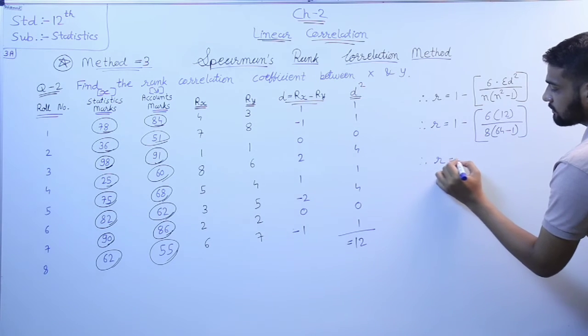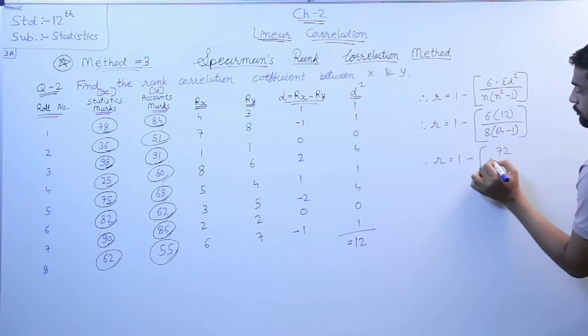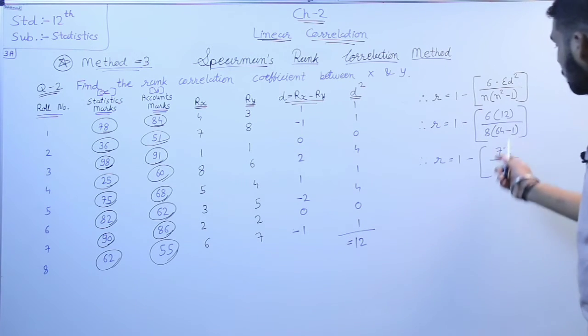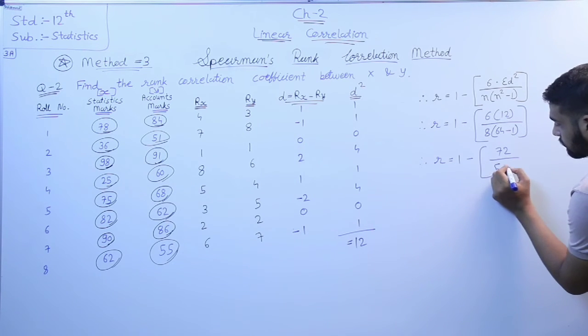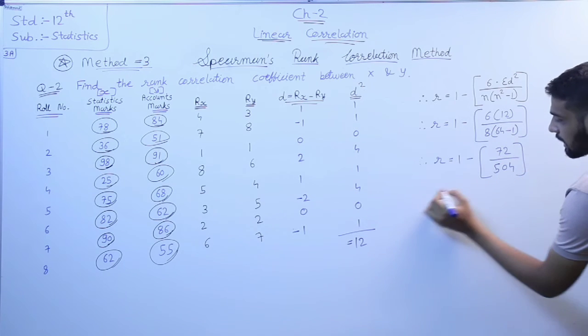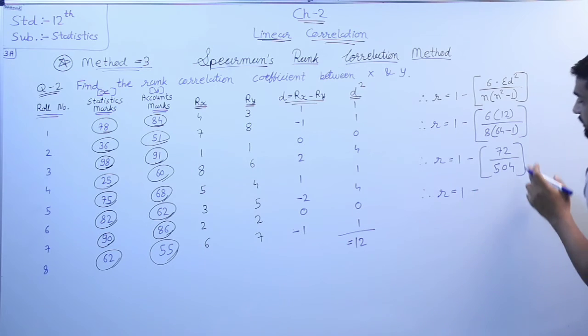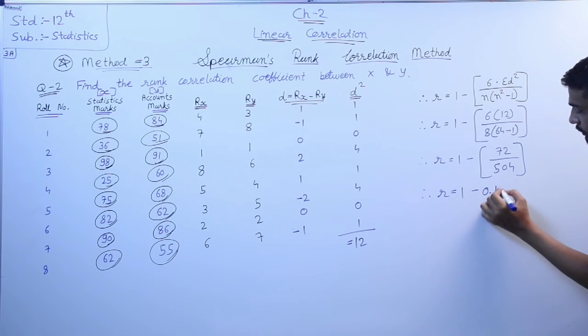So r is equal to 1 minus 72 upon 64 minus 1 multiplied by 8, that means the denominator is 504. Then after division, r is equal to 1 minus 72 divided by 504, that means our answer is 0.1429.